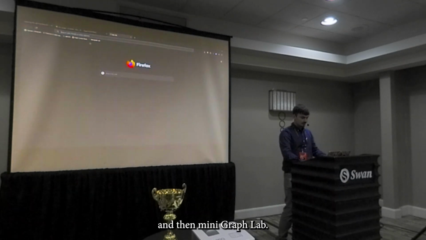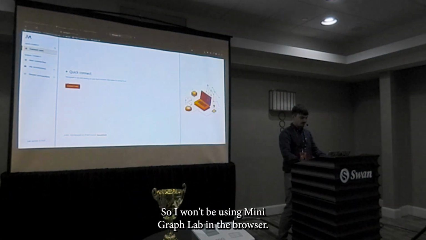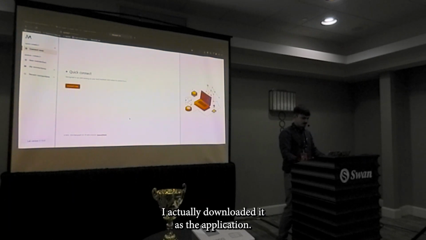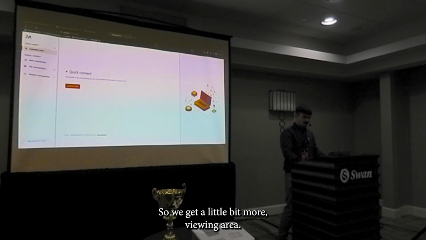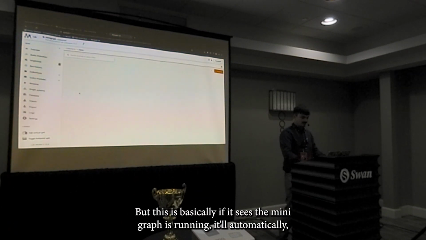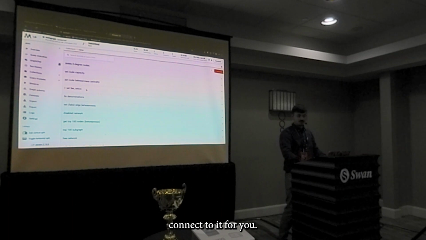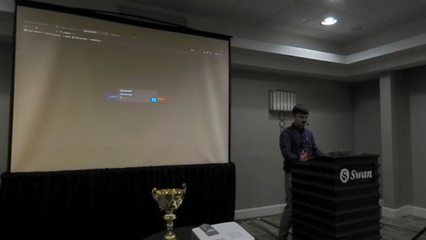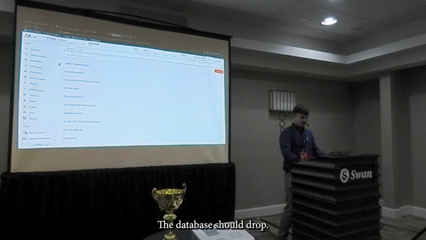And then Memgraph Lab. So I won't be using Memgraph Lab in the browser. I actually downloaded it as the application, so we get a little bit more viewing area. But this is basically it. If it sees that Memgraph is running, it'll automatically connect to it for you. And let's see. So if we click load local snapshot, it'll drop the database.